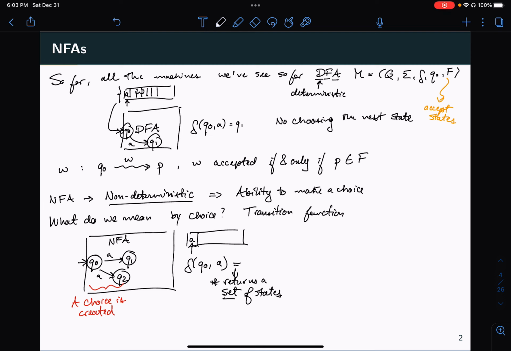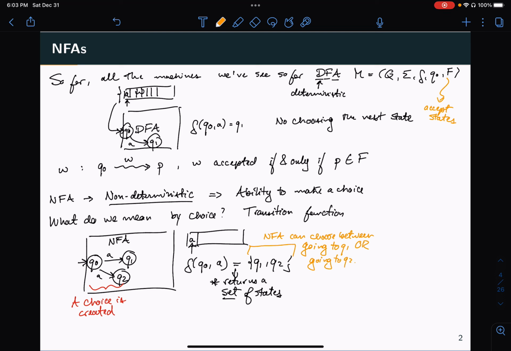So here, when you're reading an A at Q0, you can either go to Q1 or Q2. That's what this is saying, right? So here, the NFA can choose between going to Q1 or going to Q2, okay?